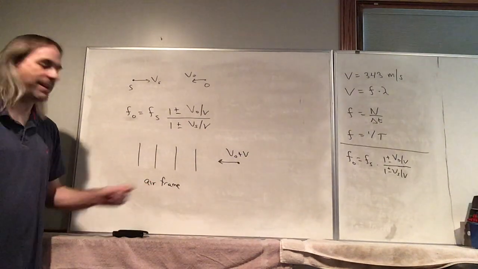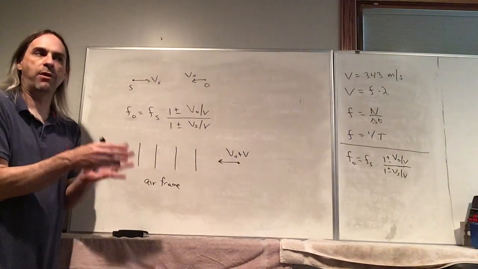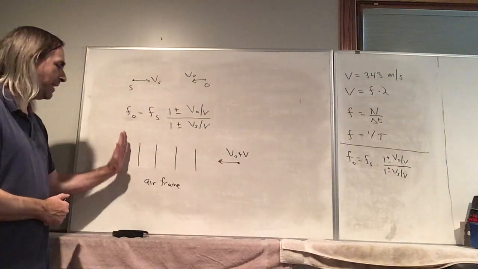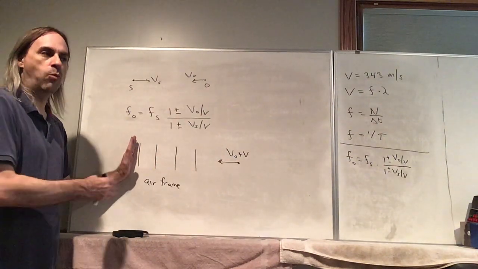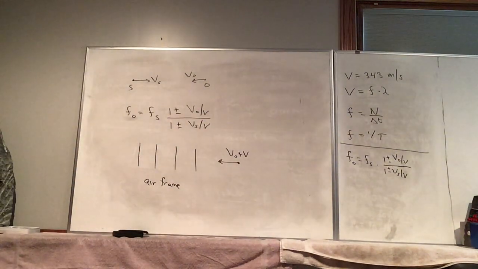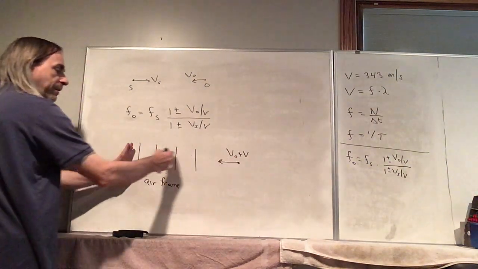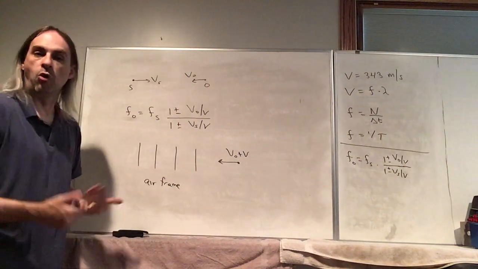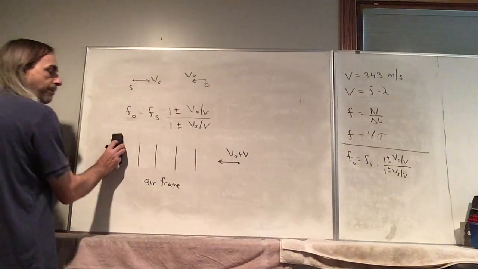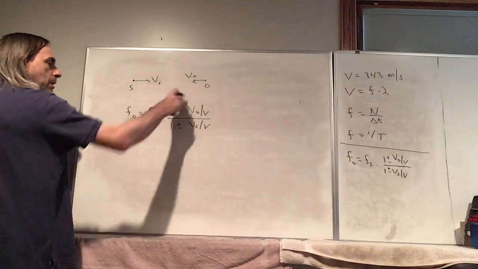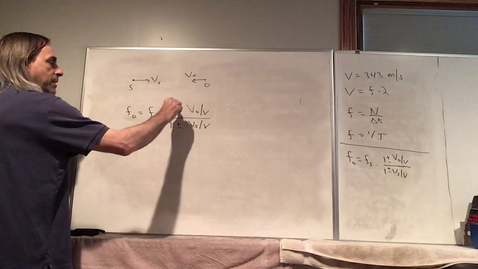Instead of the frame where the observer is at rest and the sound waves are moving towards the observer, I think I did where the sound wavefronts were at rest, but the observer was moving. It's different ways of doing the same thing. But this way you can picture it like you're running through these stationary targets, and the faster you're running, the more you're going to see in a given time period. So if you're moving towards the source, the frequency has to increase. So obviously we would pick the plus sign there.